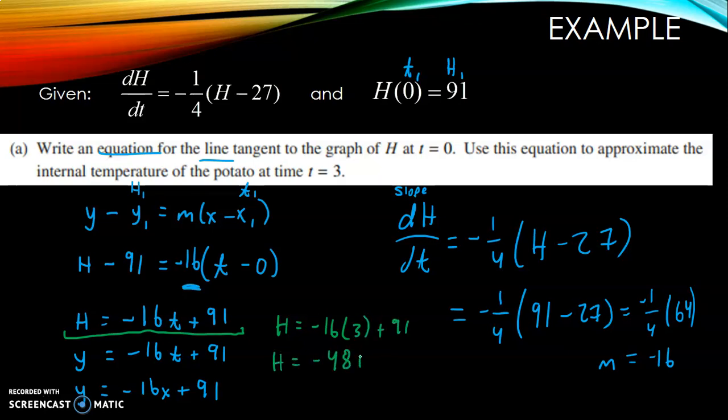So negative 48 plus 91. And that will give me 43 degrees. The units aren't in this part of it, but it was 43 degrees Celsius. So when t equals 3, the temperature was 43 degrees Celsius. Now keep in mind that this asked you to do two different things.